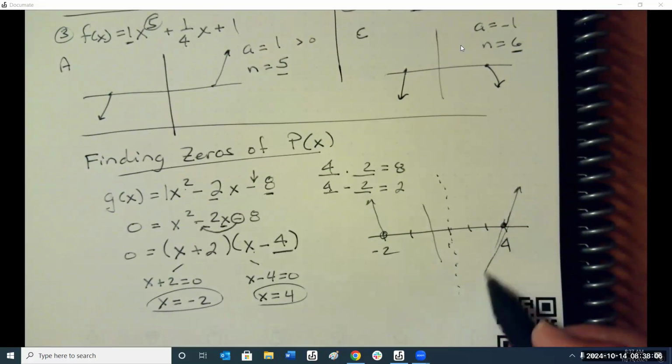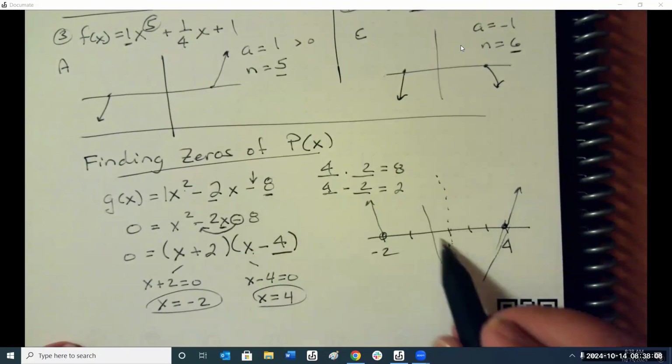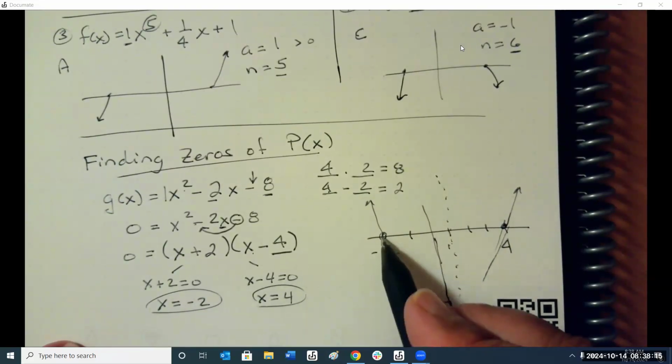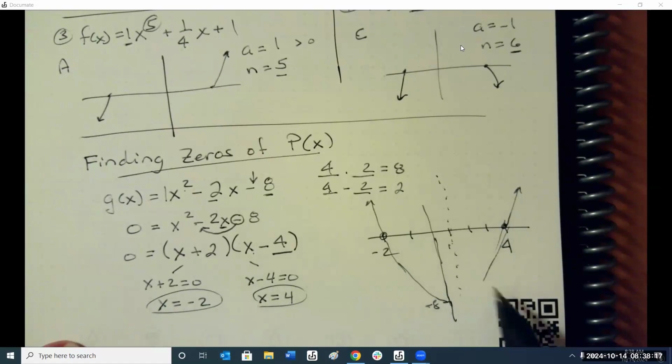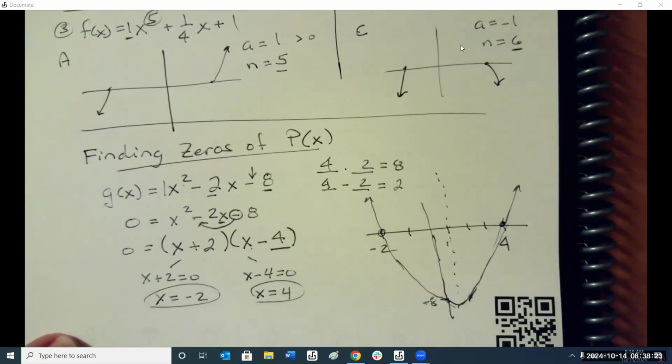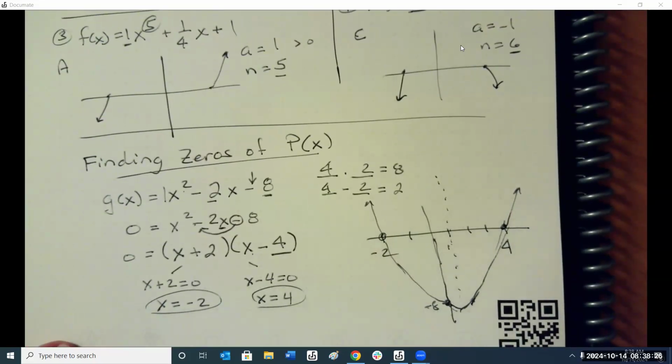So it has to go down all the way. The y-intercept is at -8. So we have a y-intercept at -8.